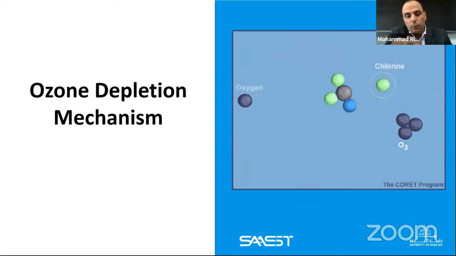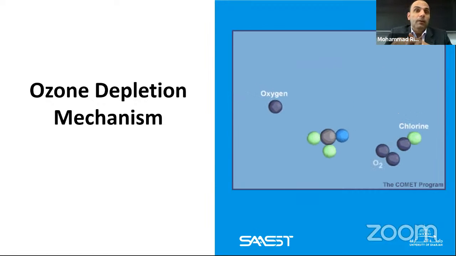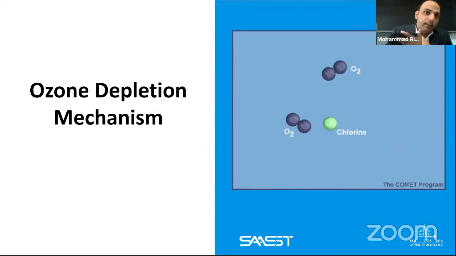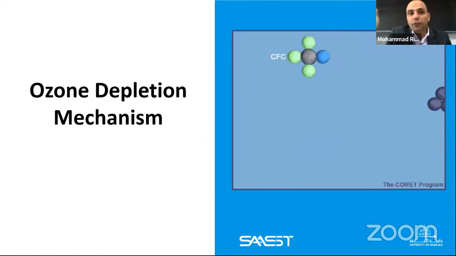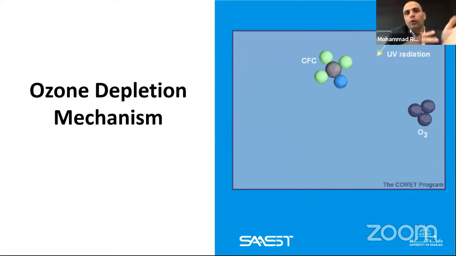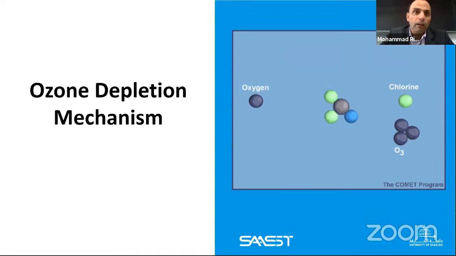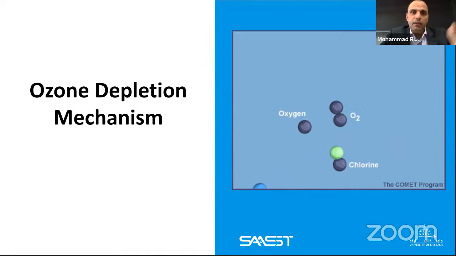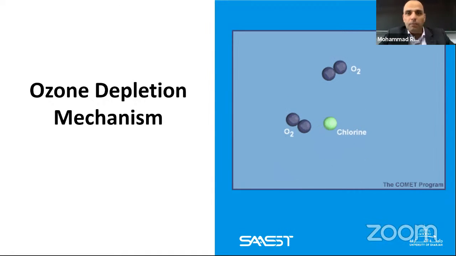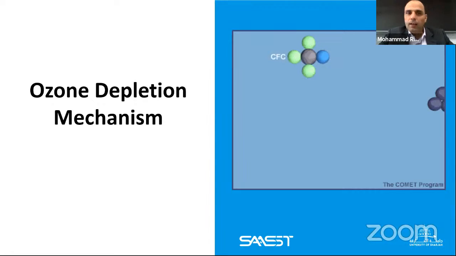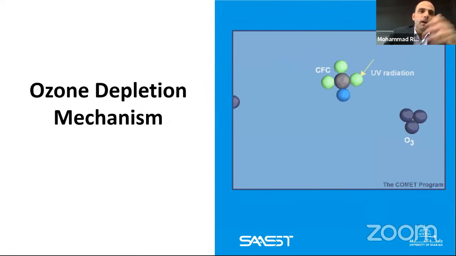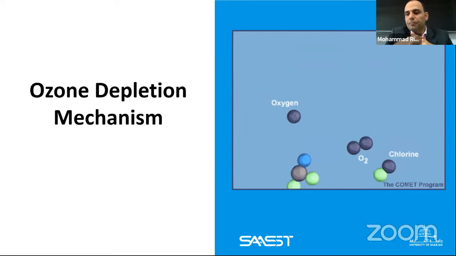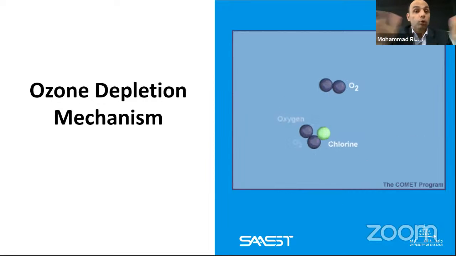So that was a very massive environmental problem, as well as global warming. But it has a different reason. Global warming happens because of increasing some gases like methane and water vapor and CO2.